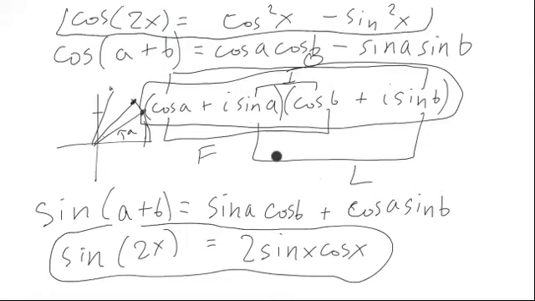But we can actually add to that list a little bit. Let's take a look at this one right here and explore it more, because we'll be using it quite a bit. So remember, cosine of 2x is equal to cosine squared x minus sine squared x.